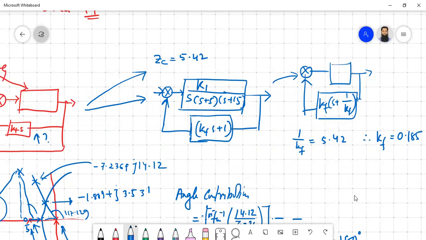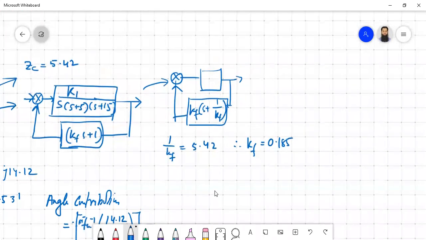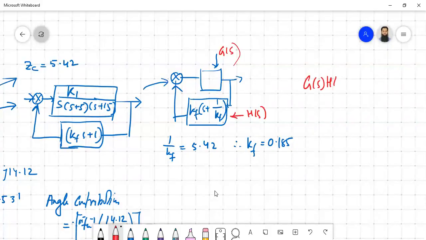Now if you plot the root locus of this one, this is your G of S and this is your H of S. Your G of S, H of S should look like this. If you multiply both of them, you are going to find K1, KF, then you have the zero at S plus 5.42, the zero you just calculated.